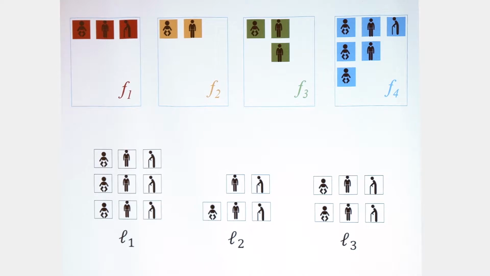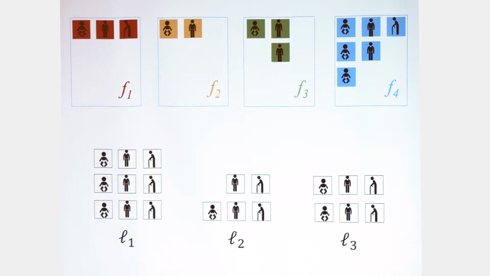Here's an example of what a multidimensional knapsack constraint looks like. We have 4 families and 3 localities. Each family has some number of children, some number of adults, and some number of seniors. And each locality has capacity constraints on the number of children, adults, and seniors.